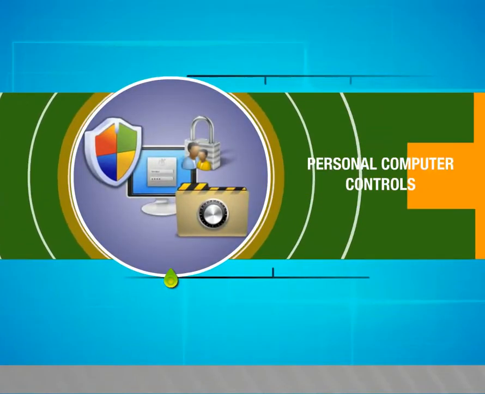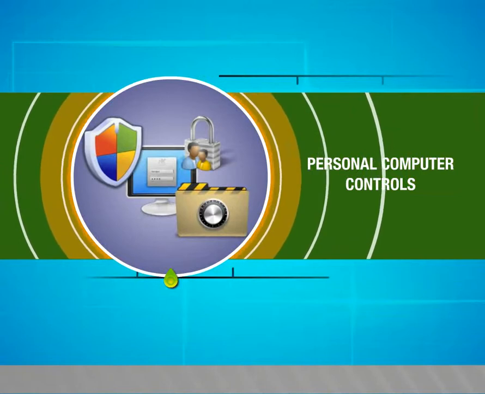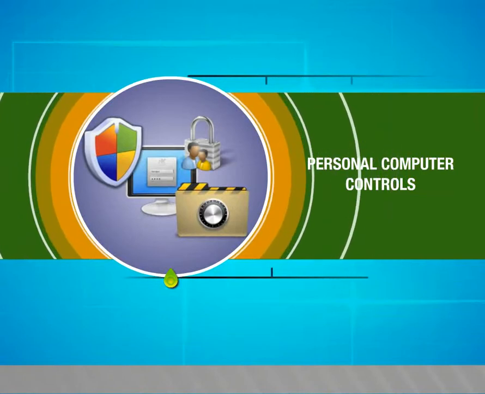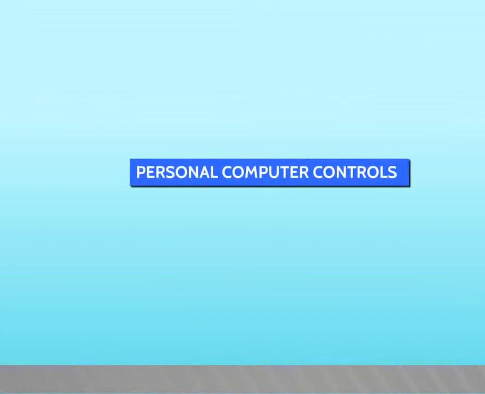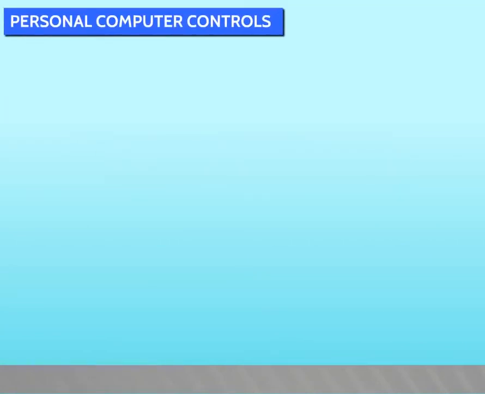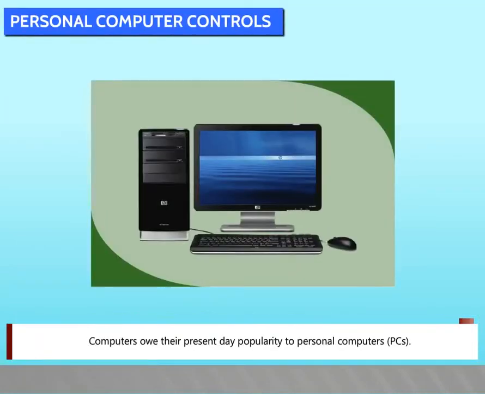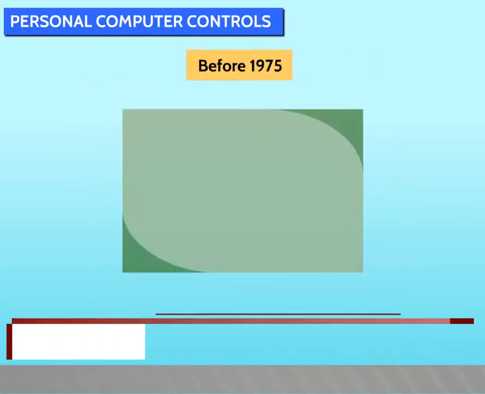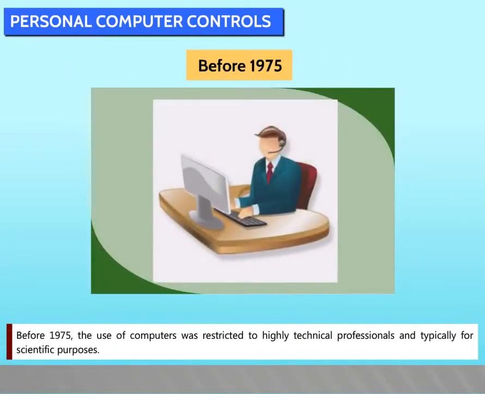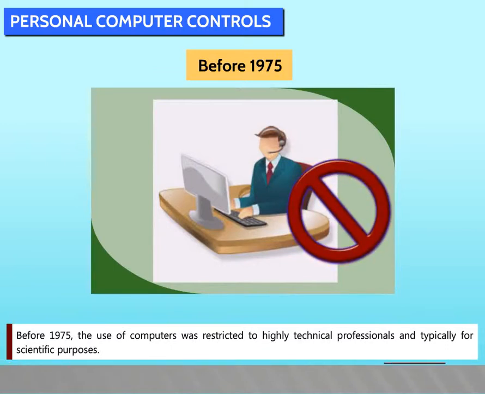Personal computer controls. In this video, we are going to see about personal computer controls. Computers owe their present-day popularity to personal computers, that is PCs. Before 1975, the use of computers was restricted to highly technical professionals and typically for scientific purposes.